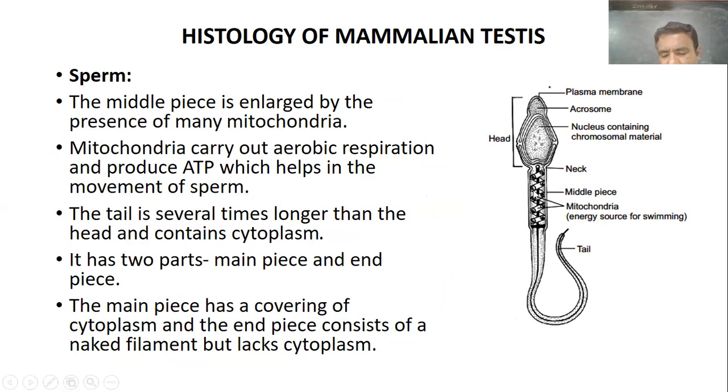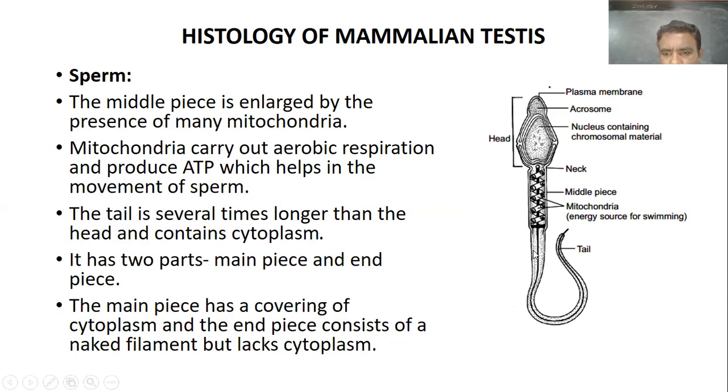The tail is several times longer than the head and contains cytoplasm. To move the sperm, the action of the tail is very essential, so it is very long compared to the head.